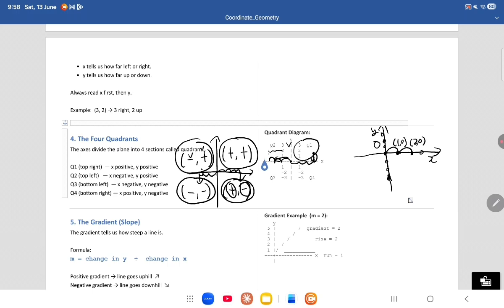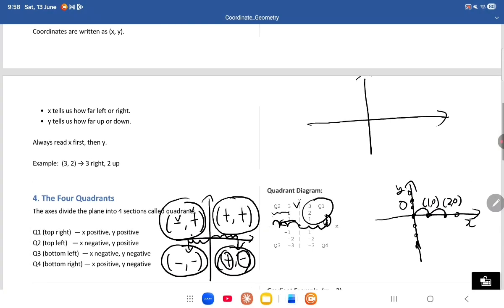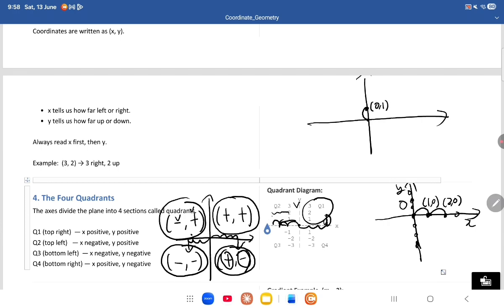Then what about going up from the origin? If you go 1 step up, then you get (0, 1). One more, (0, 2). What about going down then? (0, -1), (0, -2). Yeah, these points are not in any quadrant.